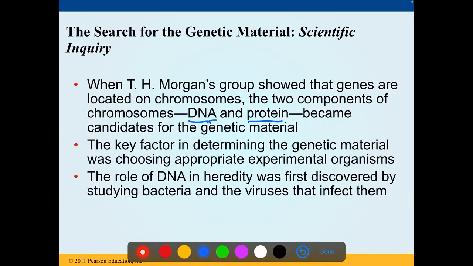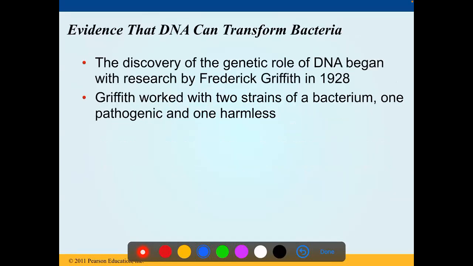People thought DNA was just a scaffold, and protein was the one really containing the genetic material. So they had to do more experiments, and found that DNA is the genetic material. That was done by the Griffith experiment in the early 20th century, using two strains of bacterium.